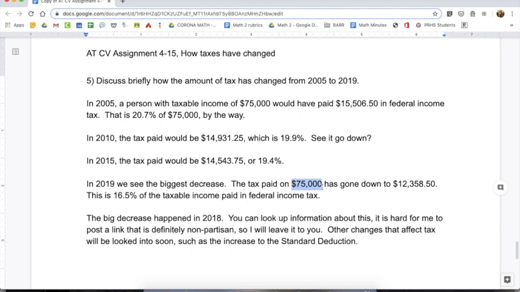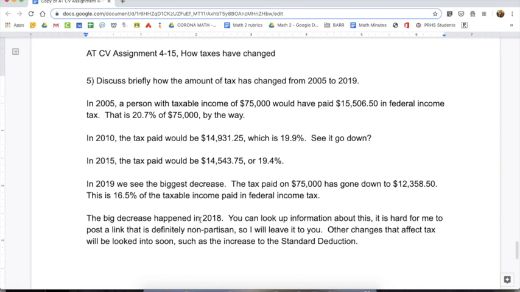But keep in mind that the value of the tax paid also has changed, right? So this $15,000 that got taken away in taxes in 2005 would have bought more. So it's not just that money, the value of money has changed, because the value of money for the income and the tax changed at the same rate.